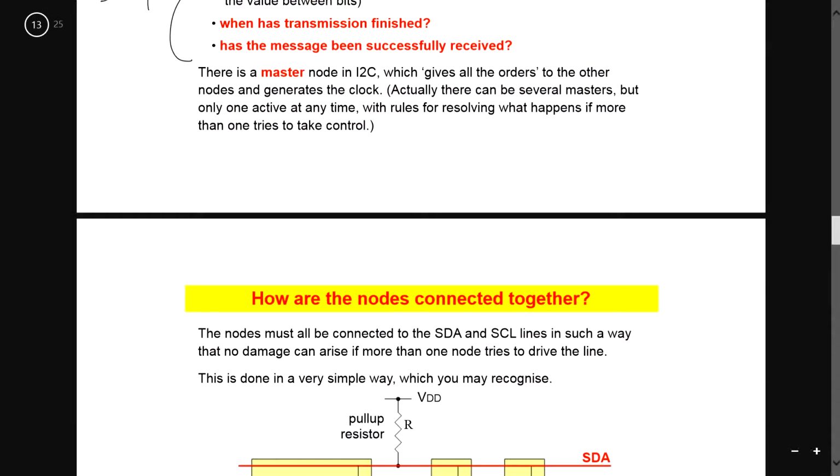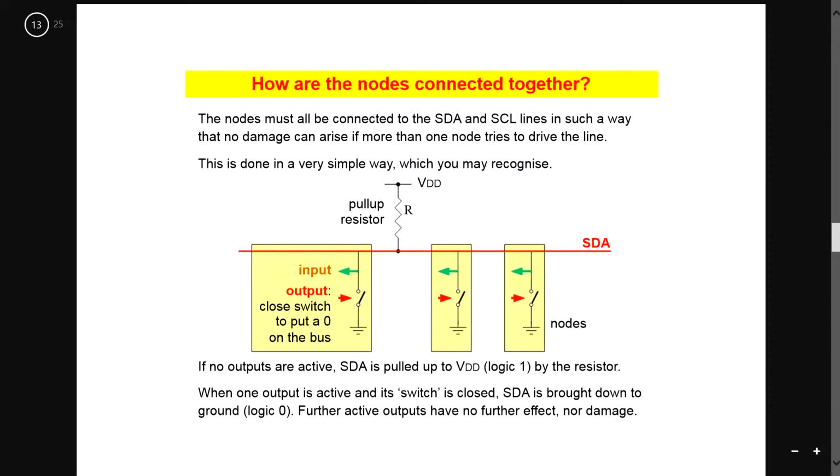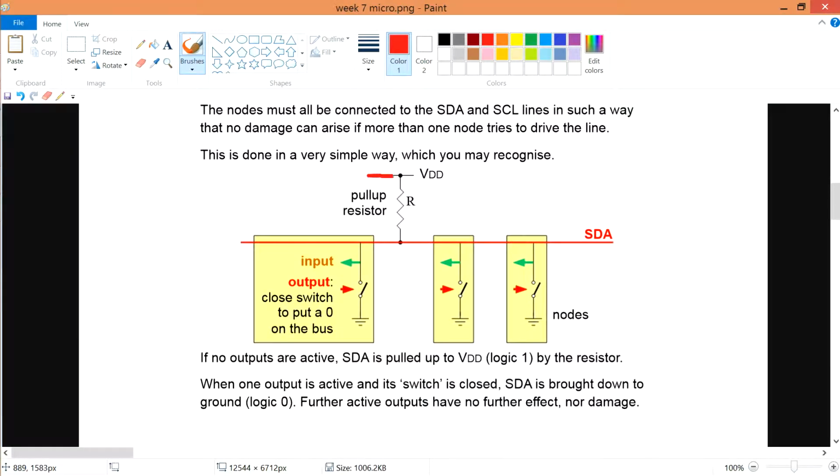The next one is: how can the nodes be connected? How do we allow I2C to connect in a way that is easier to do things? For example, if you have a power supply, VDD, with a resistor, over here it will always be set high.